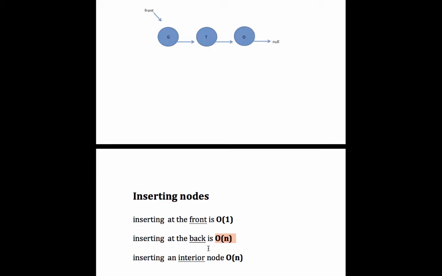Every time that you insert a node, you need to insert the node in the right place. Well, before we insert, we need to find what the right place is, and that's going to require traversing the list. Because of that, we said that inserting an interior node is directly proportional to the size of the list, to the number of elements in my collection.